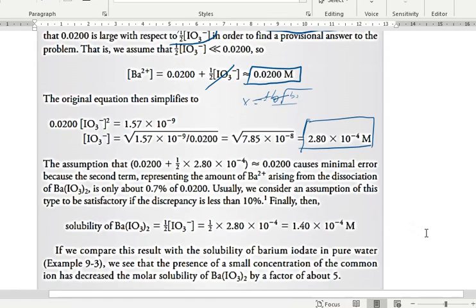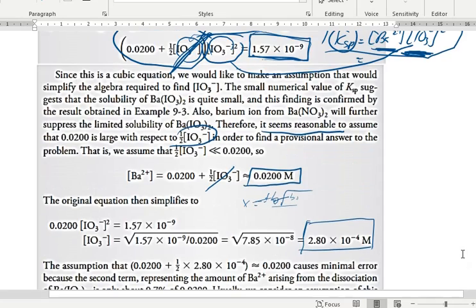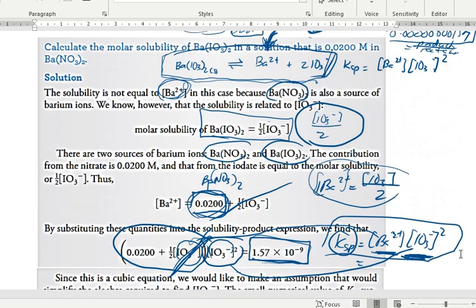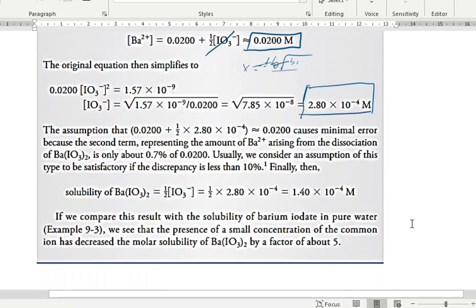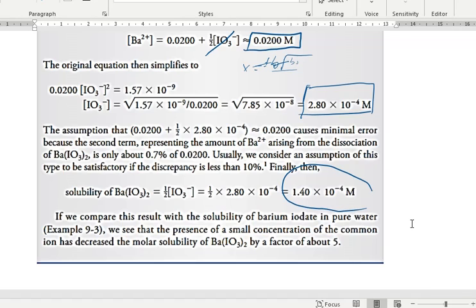Then we solve for the solubility of barium iodate. The molar solubility of barium iodate is 1/2 IO3, so we can solve. We found that the molar solubility of barium iodate is equal to 1.4 times 10 to the minus 4.